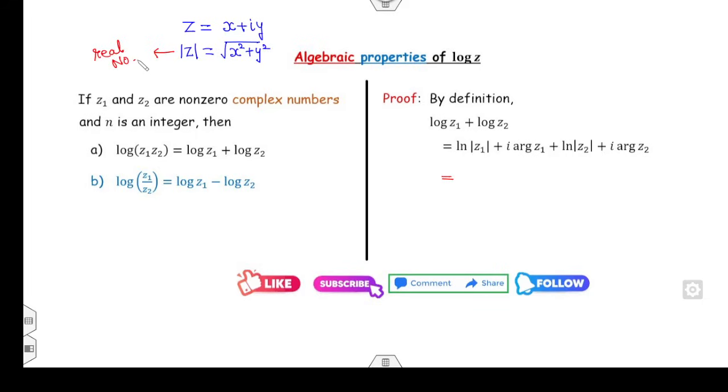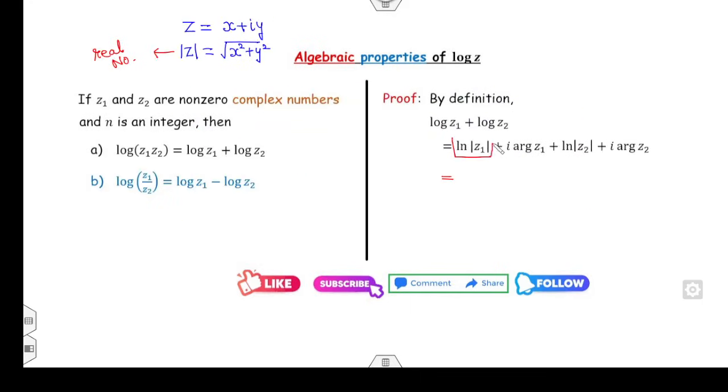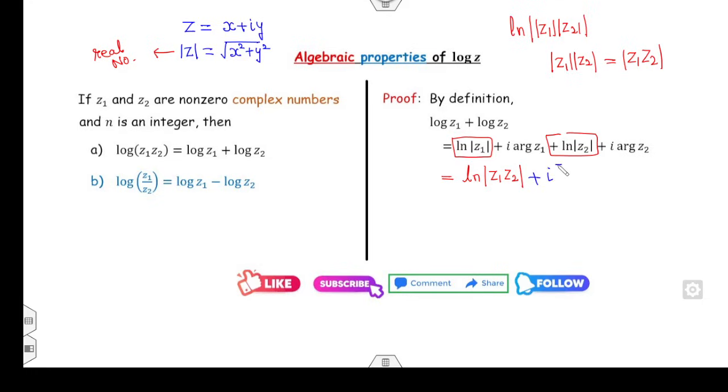Once this is a real number, by using the property of real analysis, log m plus log n is equal to log of mn, I can write this as ln of the product of the moduli. And by using the modulus property, this is the modulus of z1 z2. So I wrote this, plus iota times argument of z1 plus argument of z2.